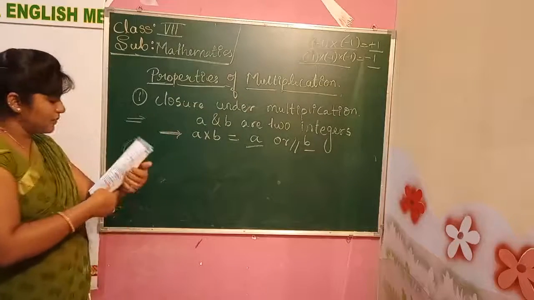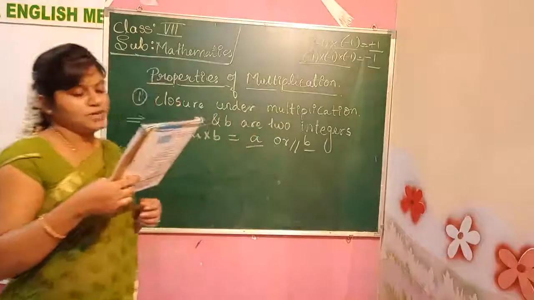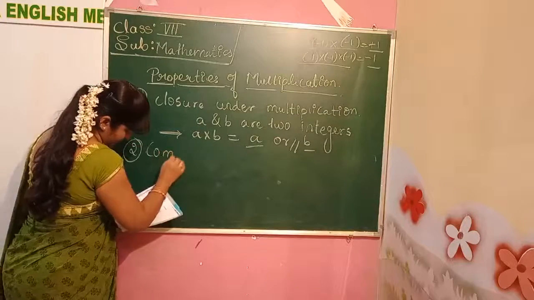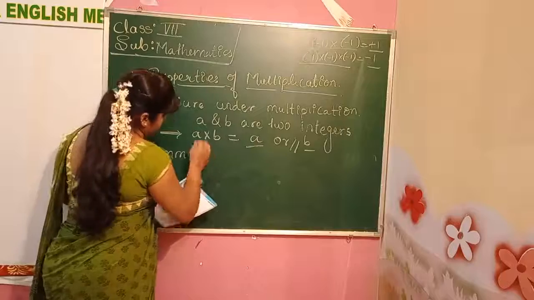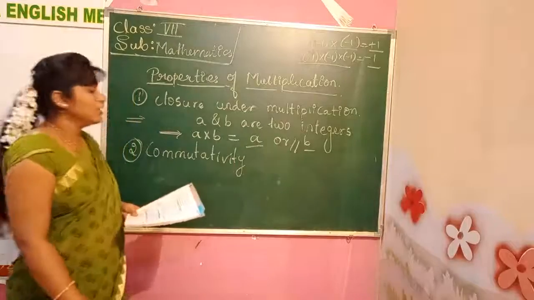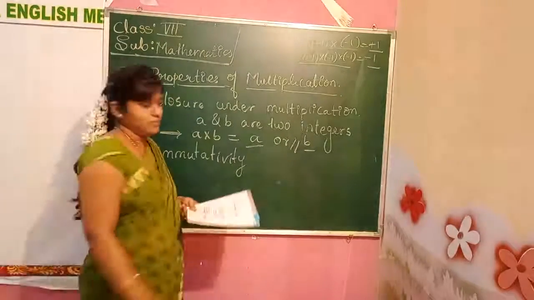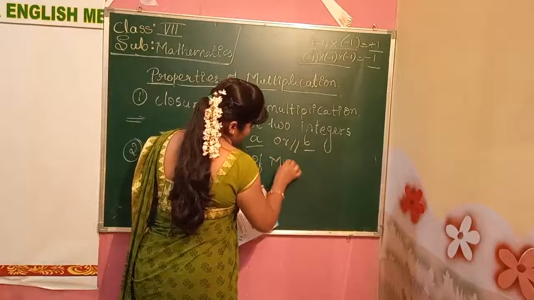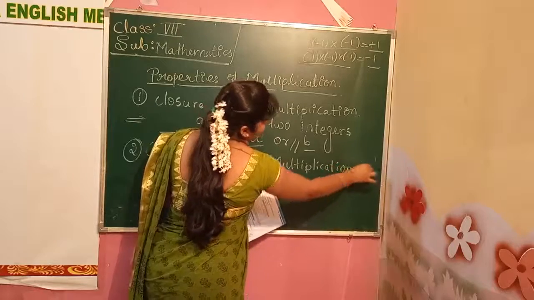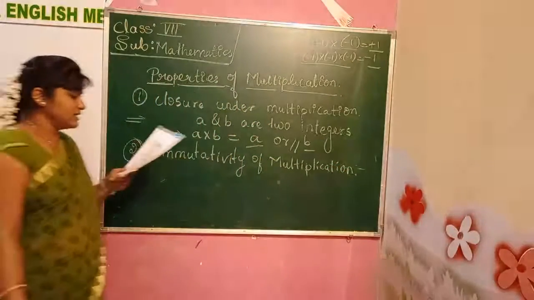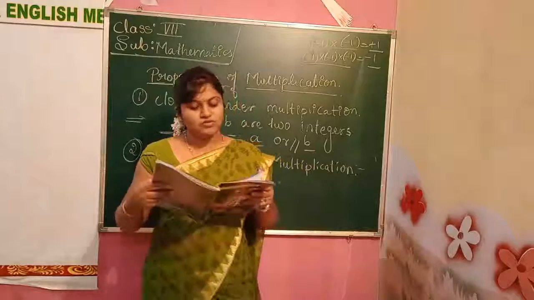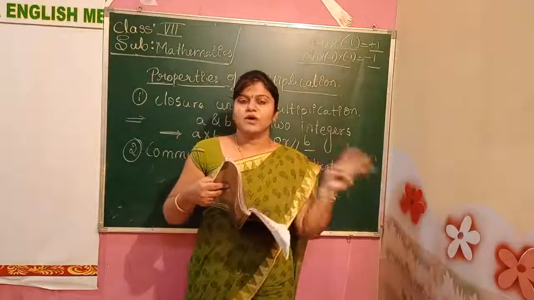Now we move on to the next property, the commutative property, or commutativity of multiplication. Here we have integers itself, both are integers.